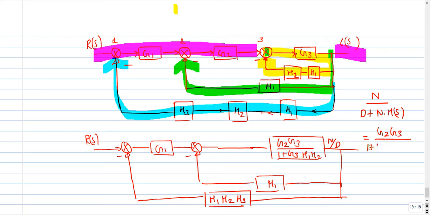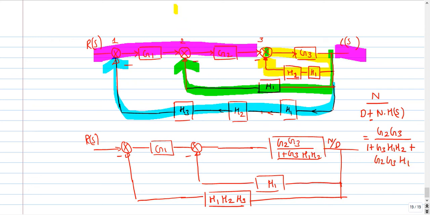And the sign, next the sign will come. So this sign will depend on here. So this is a negative, we will have a positive. Again numerator multiplied by H of s. I will write below. So numerator is G2, G3 multiplied by H of s, which is nothing but H1.